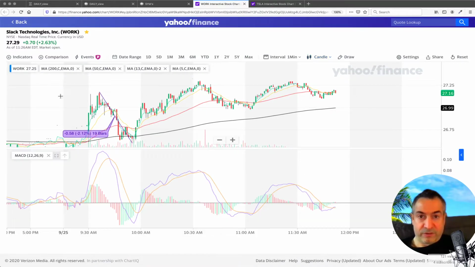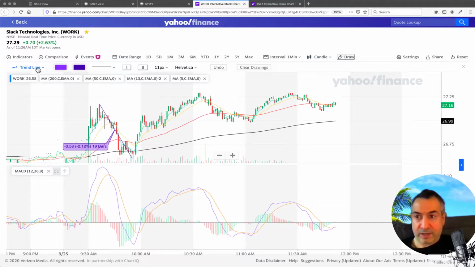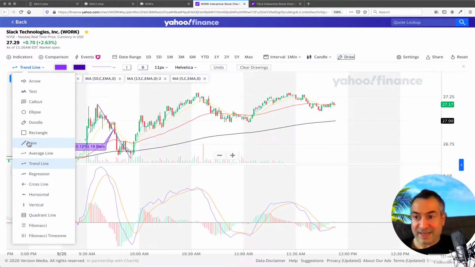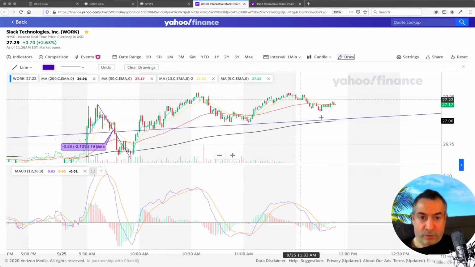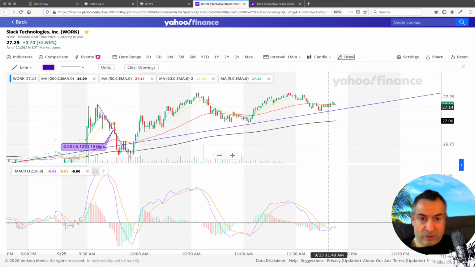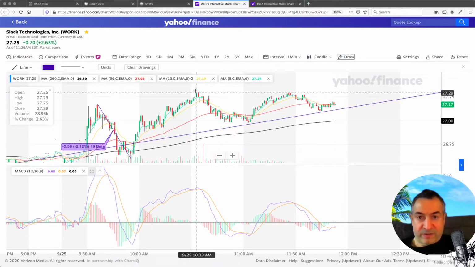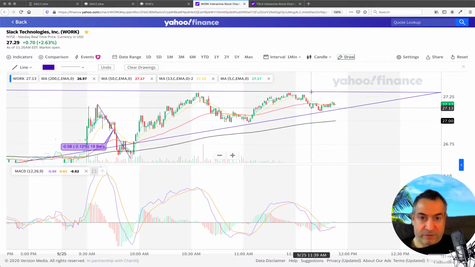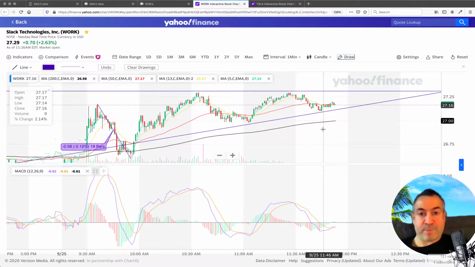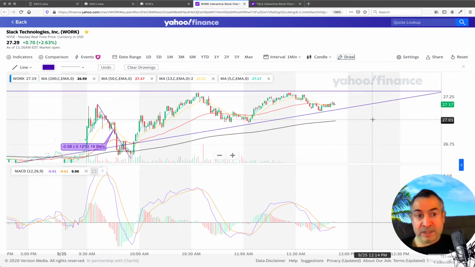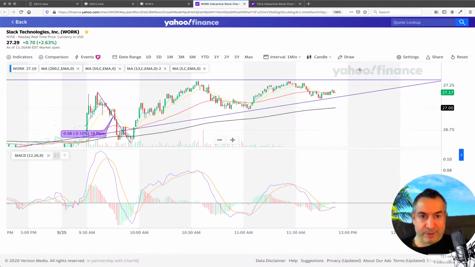We could set some trend lines here and see if that works in our advantage. So something like that. And we'll set this one, which is a horizontal line basically, to show a wedge. When you have a wedge like this, what can happen?